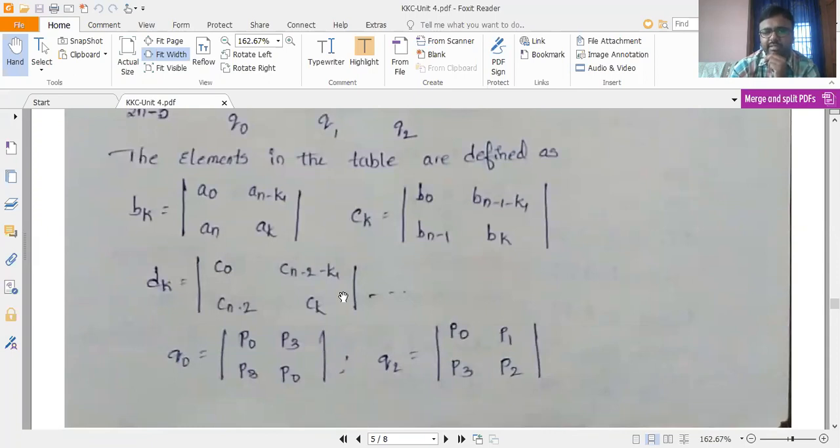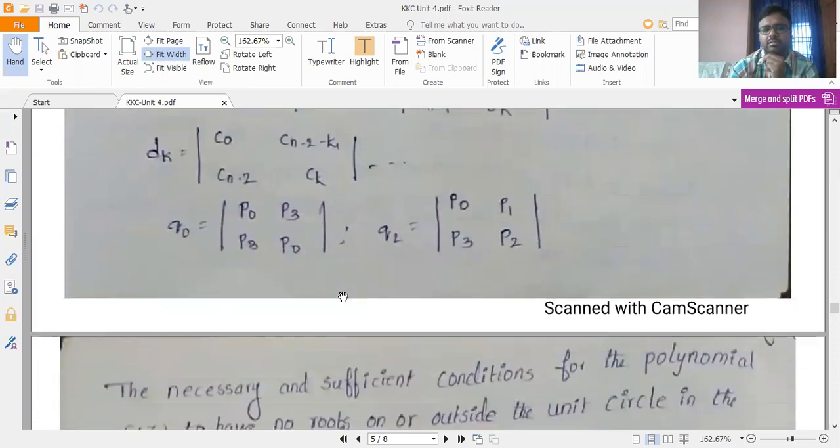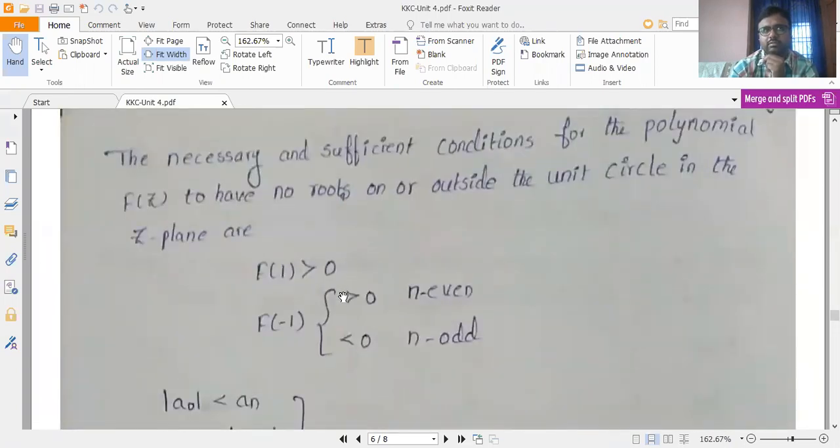Okay, so in this way, up to 2n minus 3 rows, the Jury stability table is going to be built up. After that, we have to satisfy the necessary and sufficient conditions so that no roots lie outside the unit circle.